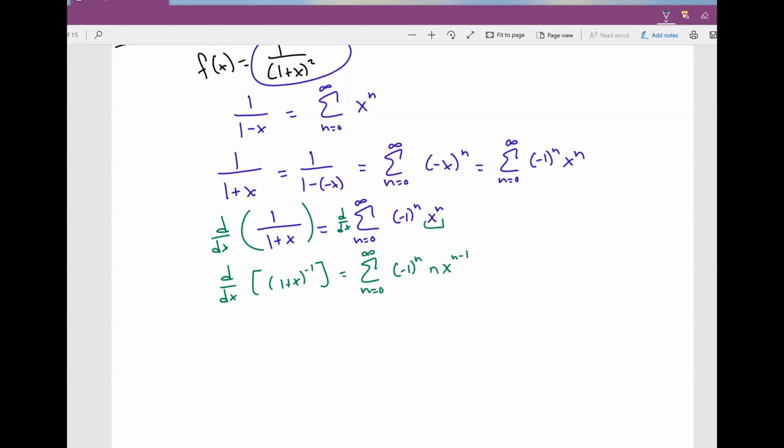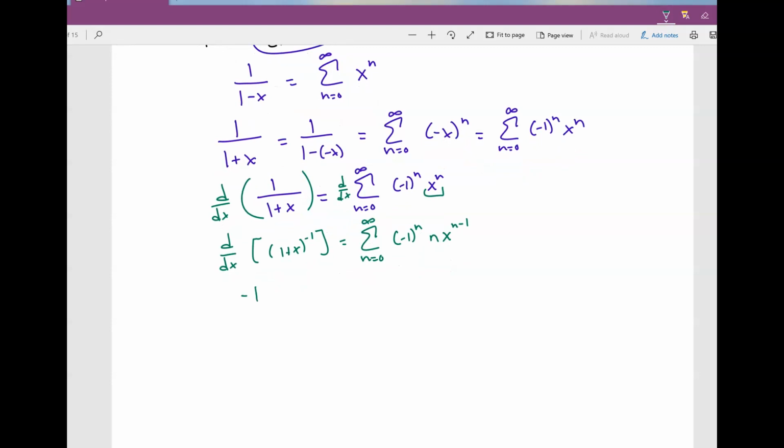Now let's take the derivative of this other part. That's going to be negative 1, 1 plus x to the negative 2. And this is equal to the sum from n goes from 0 to infinity, negative 1 to the n, n, and x to the n minus 1.